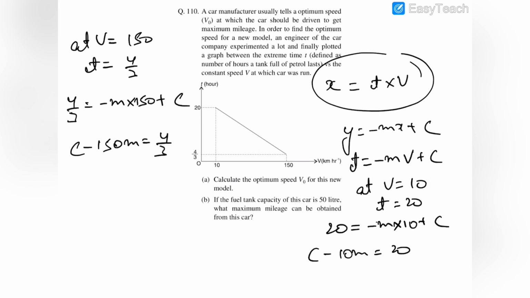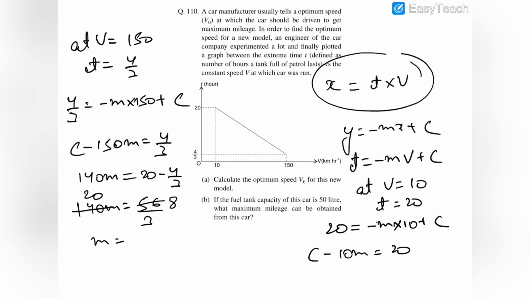So by using these two equations, we can see that 140m is equal to 20 minus 4 by 3, which is 60 minus 4 by 3, so it is 56 by 3. So m will be equal to 2 by 15.